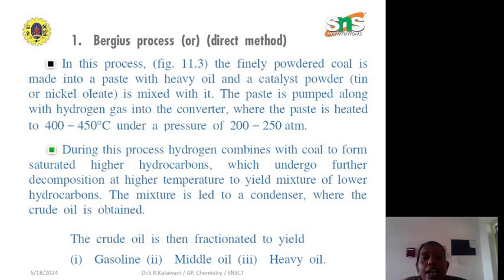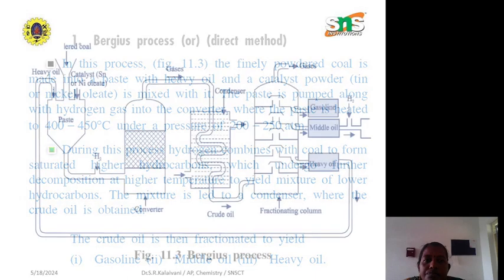During this process, hydrogen combines with the coal to form saturated higher hydrocarbons, which undergo further decomposition at a high temperature to yield a mixture of lower hydrocarbons. The mixture is led into a condenser where the crude oil is obtained. The crude oil is then fractionated to yield gasoline, middle oil and heavy oil.